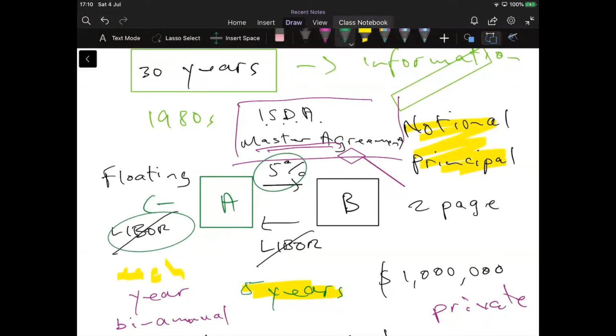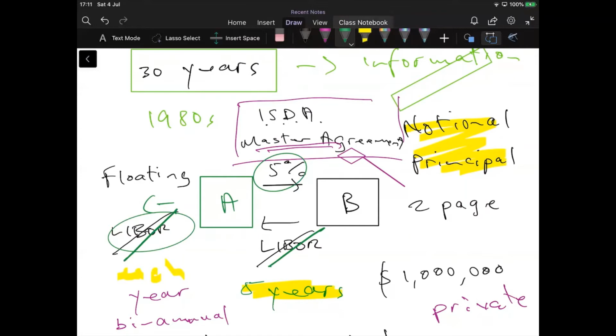So if you receive LIBOR from A, that offsets the existing loan that you're mandated to pay each year. Of course, we'd have to make sure the notional principal was equal to the amount of the original loan. And then A's position nets out to be 5%.